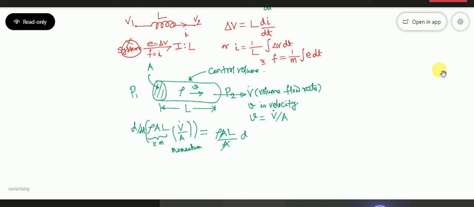This will turn out to be the difference between driving forces, so P1 A minus P2 A. So we have here rho L by A.